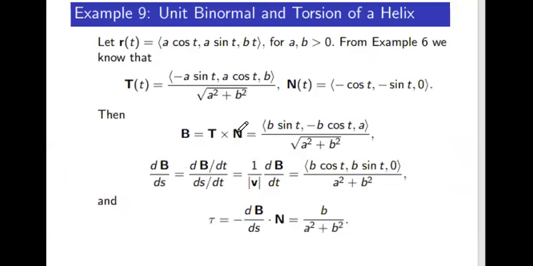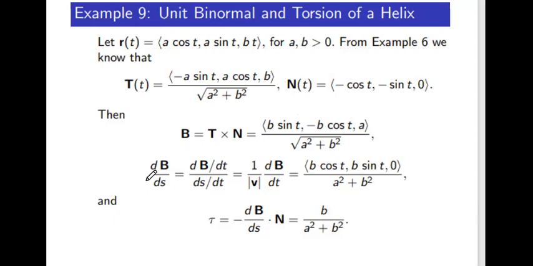But in this problem, when you find T and N in terms of the parameter t, and take the cross product, again you get B expressed in terms of t. So how do you compute this?